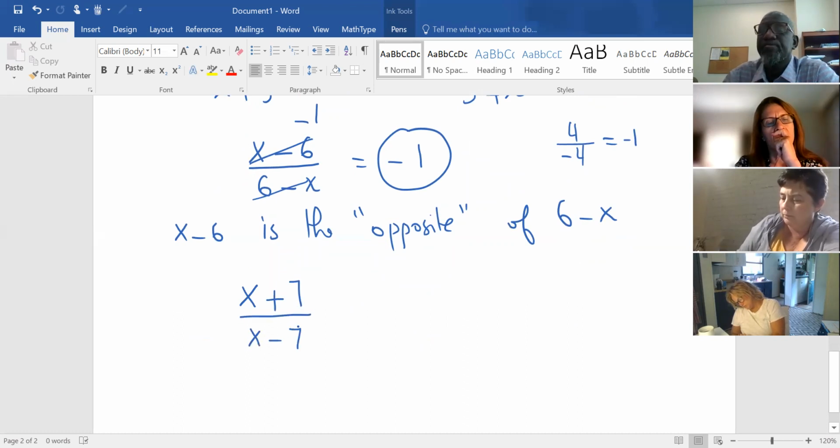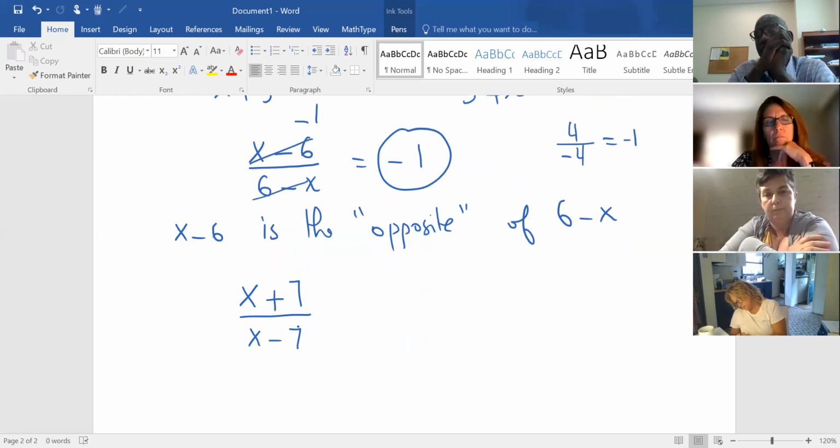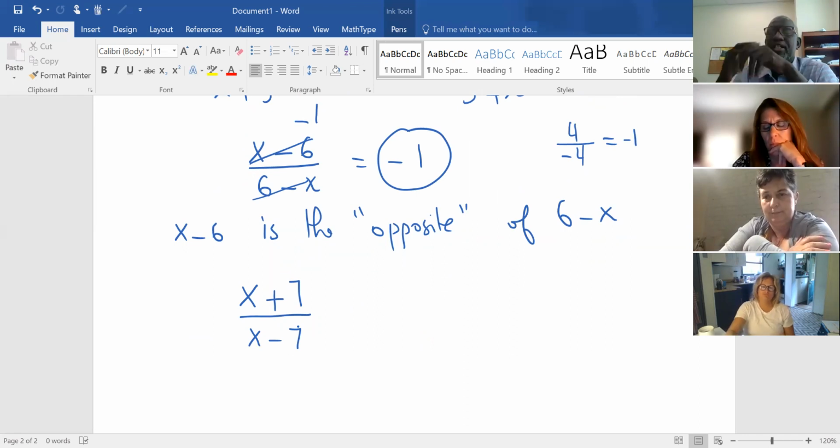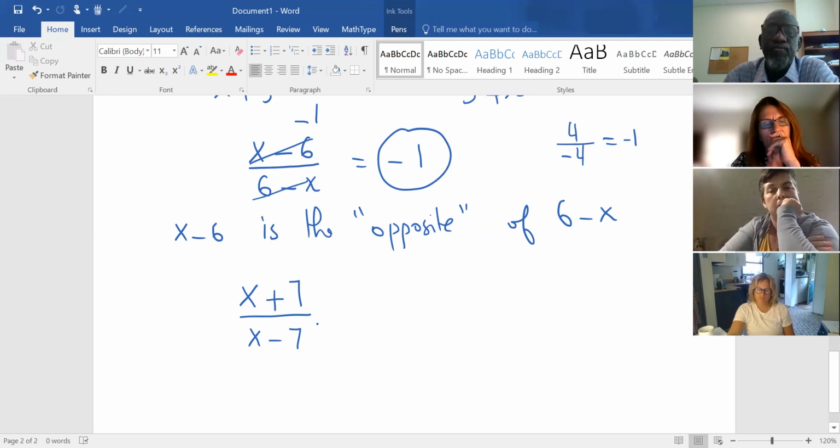Now, x plus 7 divided by x minus 7, can we simplify something here? What do you think? No, I don't think so. Exactly, you are correct. There is nothing we can do with these two. They are not opposite, they are not even close.